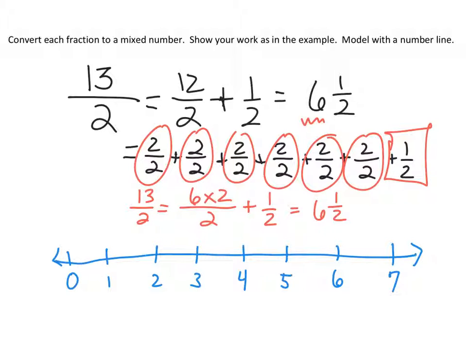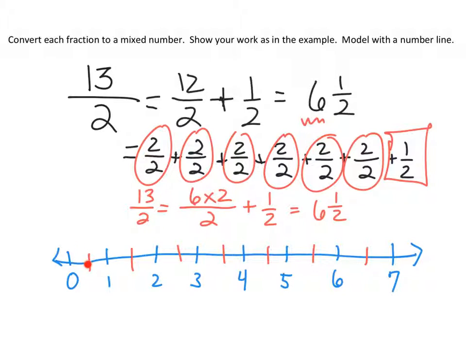Okay, now since we're only going to have halves, I'm just going to make these little tick marks in between to represent a half. Alright, so where would these go? Well, we count up by halves. 13 halves, let's try it.